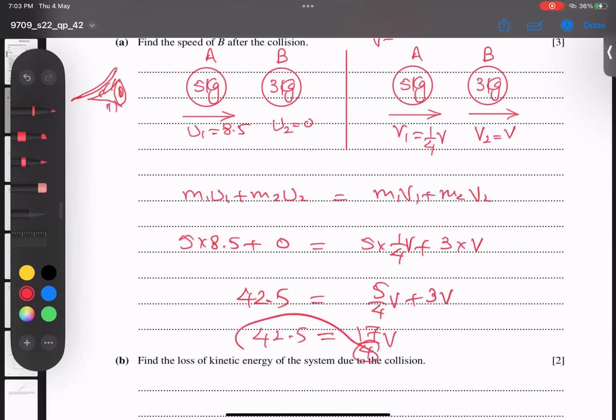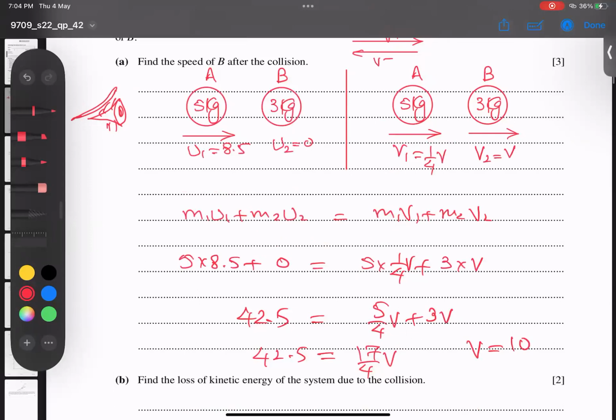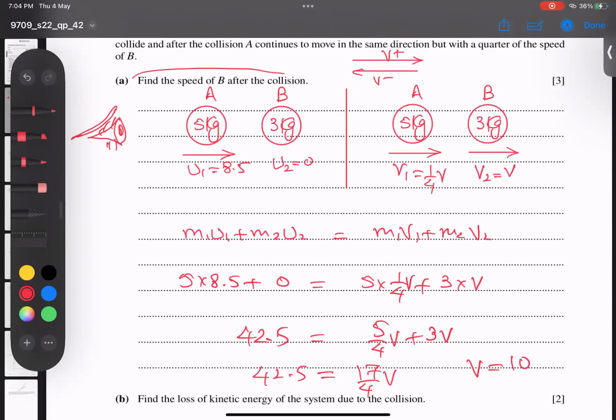So it multiplies with that, and 17 will divide under it. And the final speed, and what he was asking, the speed of B. So 42.5 times 4 divided by 17, and the answer is coming 10. This is the velocity, and he's asking to find the speed of B after collision. And the speed of B is 10.